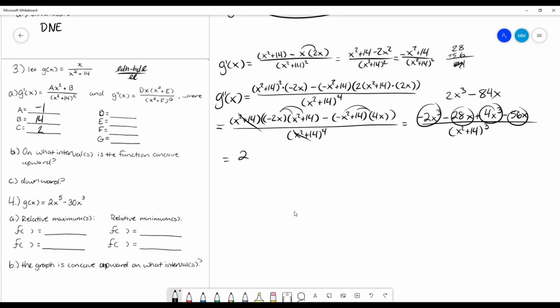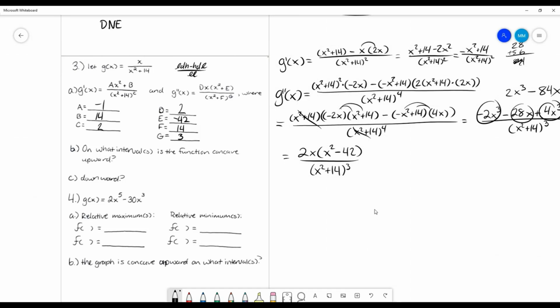So I'm going to factor out a 2x. And it's going to be x squared minus 42 over this here. And I see my d here is 2. X squared plus e. E is negative 42. X squared plus f. F is 14. And g is 3.